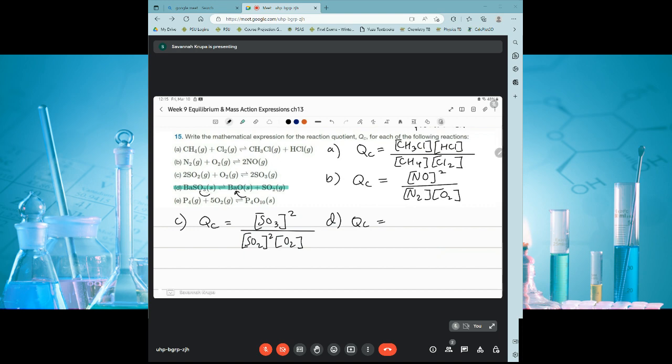Since both of these are solids, we will not be including that. So what it'll look like is just simply the SO2, because that's on the product side, on the top. And there's no coefficient here. So that's simply what this Qc value will look like.